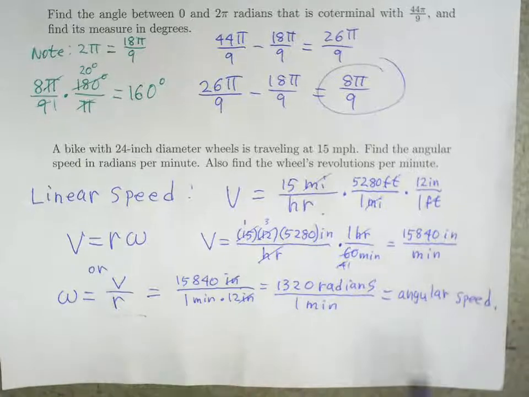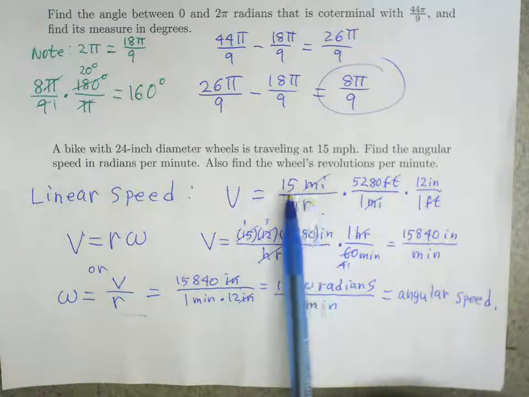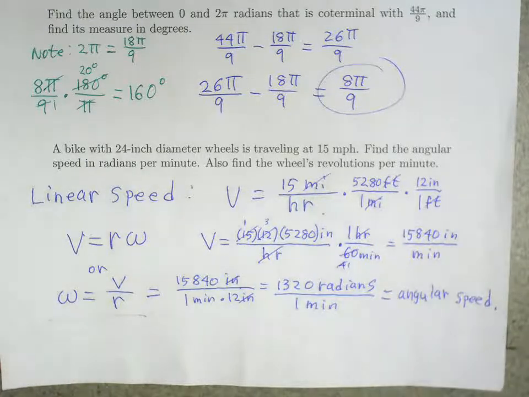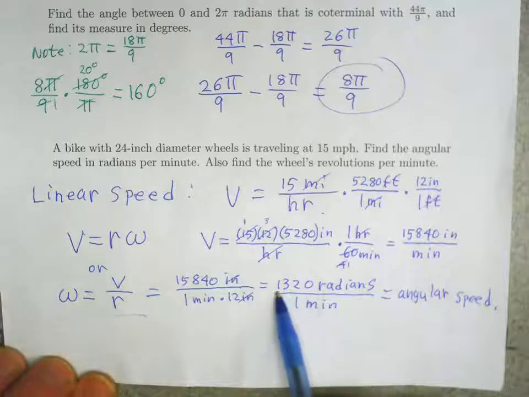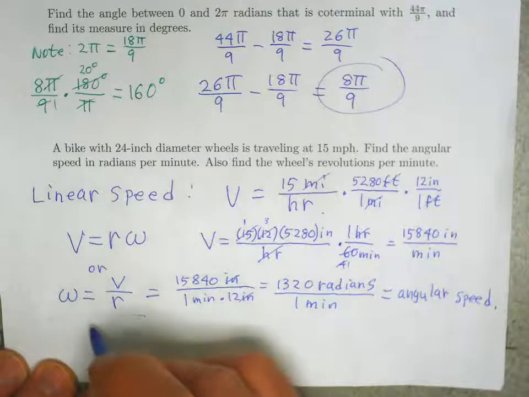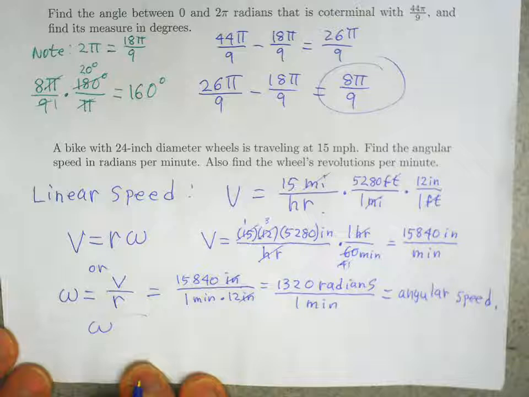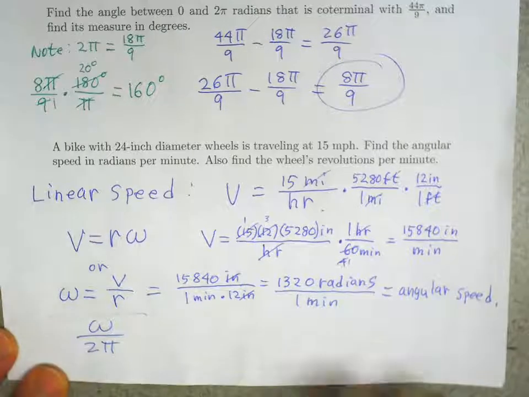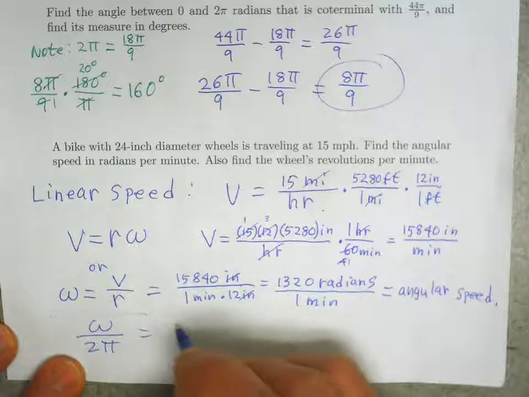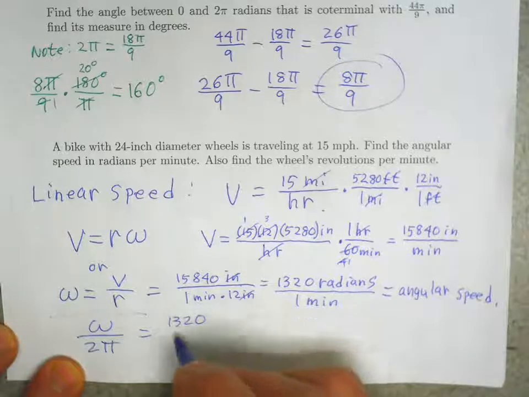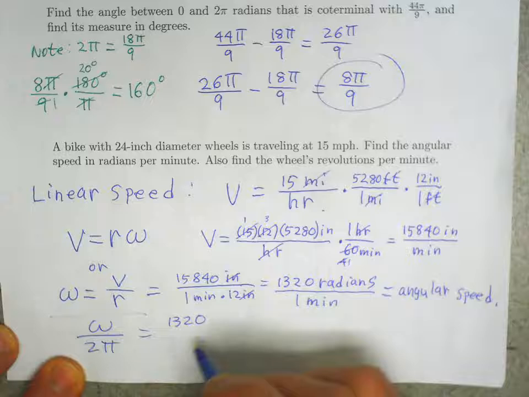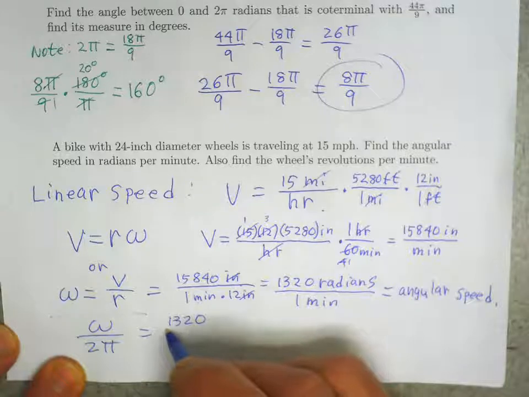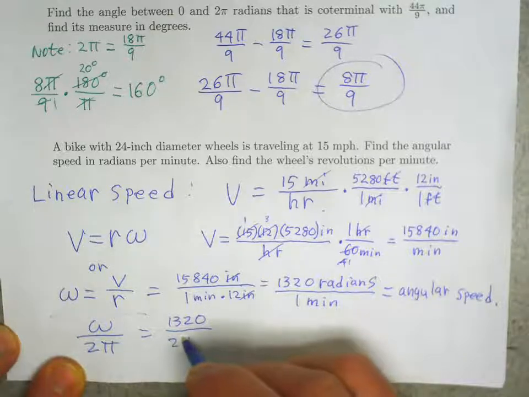Okay, so one last thing. Find the revolutions per minute. Well, in 1 revolution, we have 2 pi radians. So if you just divide omega, the angular speed, by 2 pi, we get 1,320 divided by 2 pi.